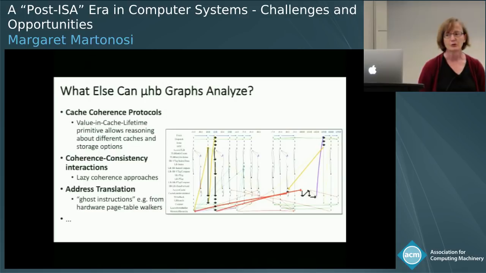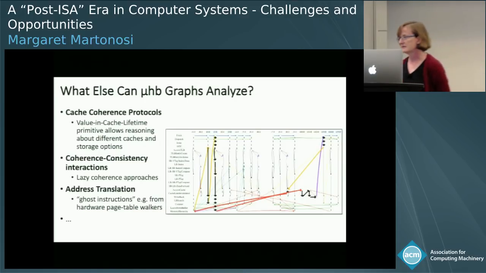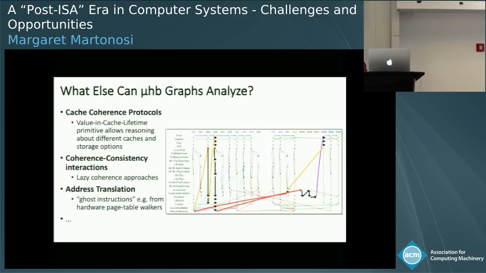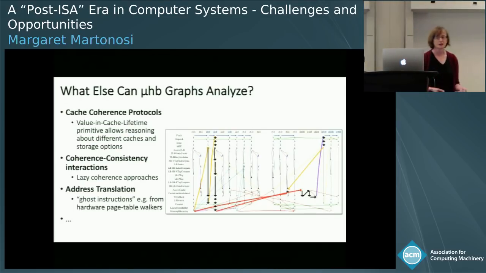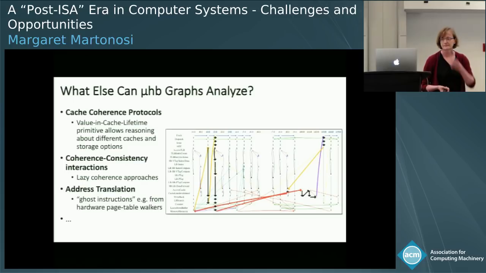In particular, we can handle memory hierarchies, where you might be getting data from different parts of a cache hierarchy. We have a notion of a value in cache lifetime, or VICL, that lets us reason about different ways that something might have been evicted from the cache or not. And that in turn lets us verify things at the coherence consistency boundary, such as lazy coherence approaches.